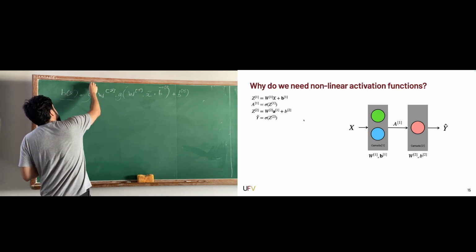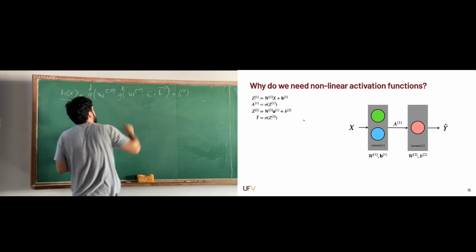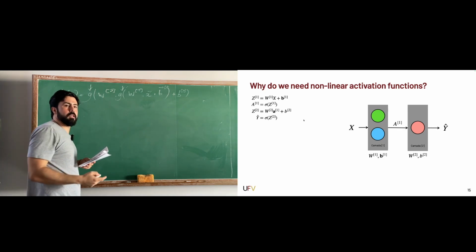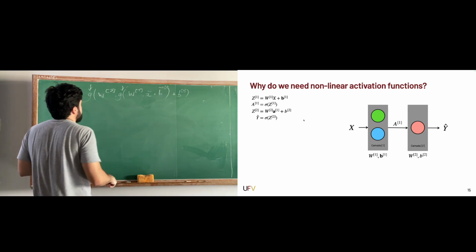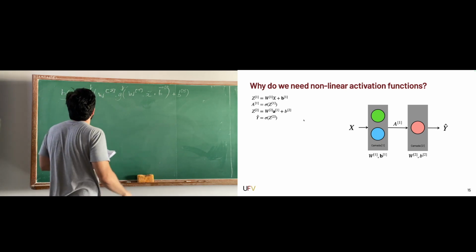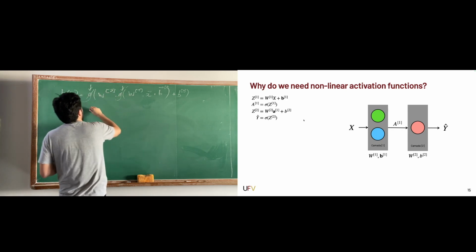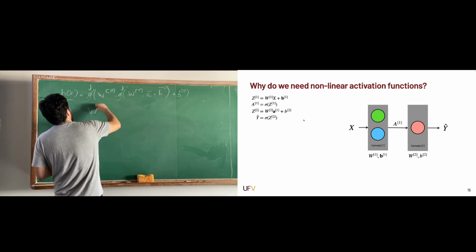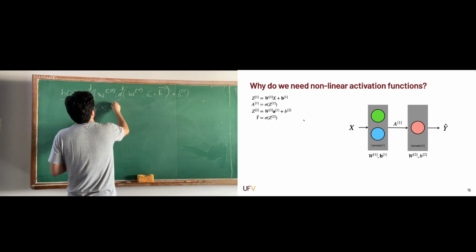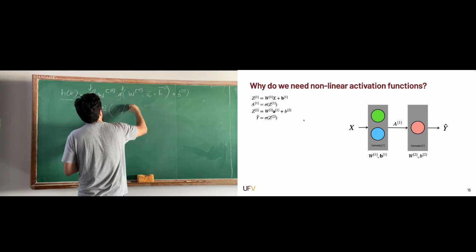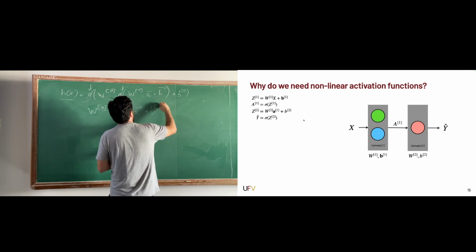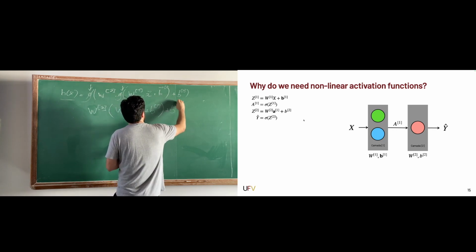And what I'm trying to say is that these functions here have to be nonlinear. The reason is, imagine for the sake of argument that these were just the identity functions. Then we could just get rid of them, and that would give us this expression, W2 times W1 times X plus B1, plus B2.